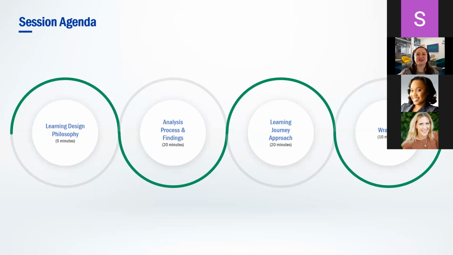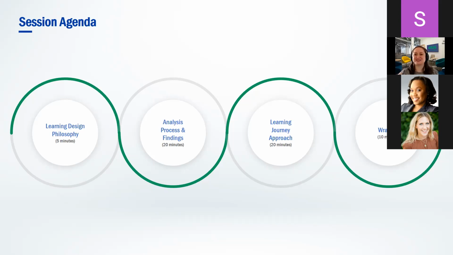That will include everything from what inputs did we have, what did the data tell us, what are some of the main recommendations that we have for modernizing the curriculum, because we know it's important for you to see behind the curtain. It's not always as helpful to just be handed something that you need to teach. It's good to know where it came from and kind of what informed that process. So we'd love to share that with you.